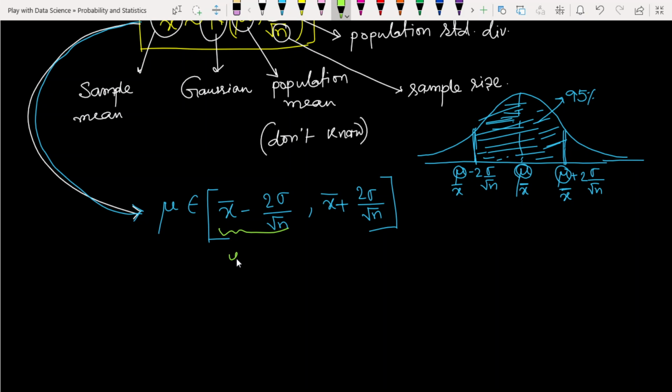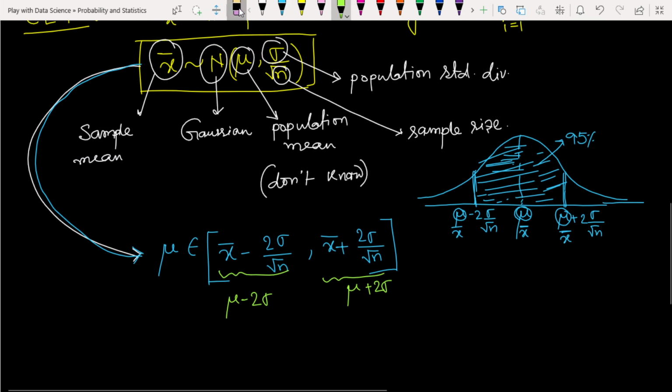So these look like mu minus 2 sigma and mu plus 2 sigma. Actually this is the sample mean, so don't be confused about that. Just remove this thing.